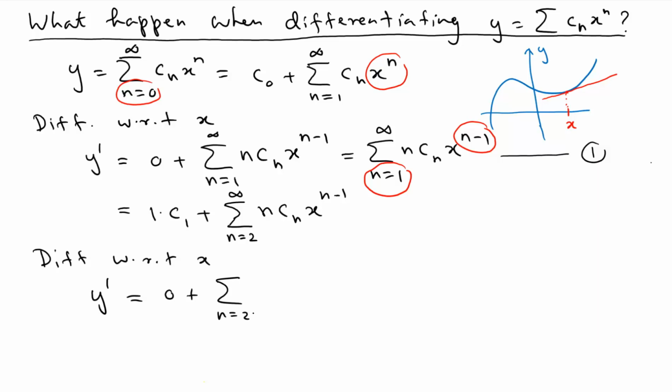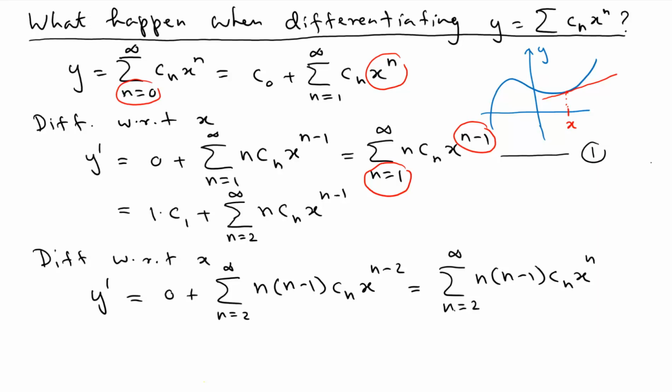Inside the summation, you can take the derivative, so it's going to be (n-1) n cn x^(n-2). As before, the first term is gone, so you only have n going from 2 to infinity of n(n-1) cn x^(n-2). Again, you notice that the starting index changes to 2, and the power becomes n minus 2, and you also have an extra term coming here.